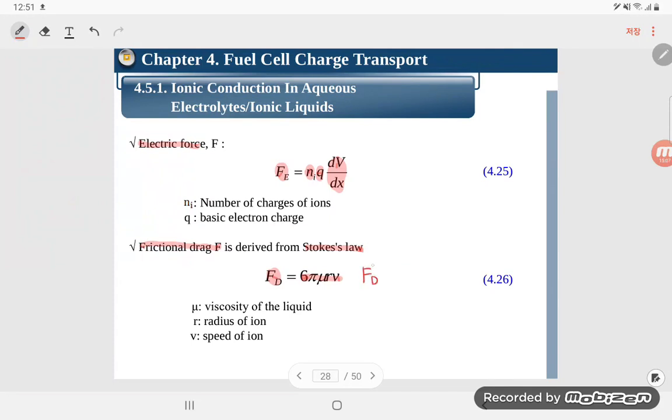The Fd, drag force, is proportional to the viscosity, and as the particle size gets larger, the drag force will increase, and the velocity too. So to equalize these in the equation, we use this term.